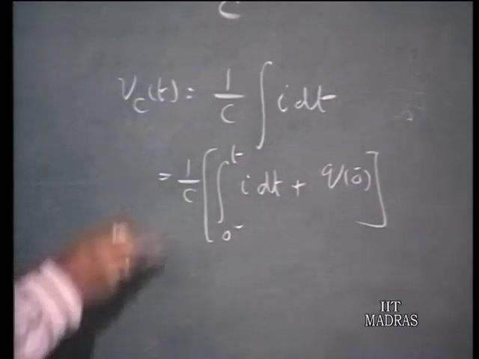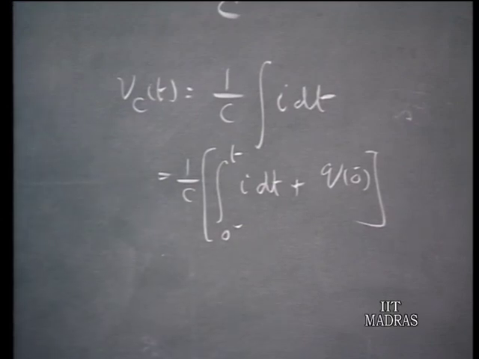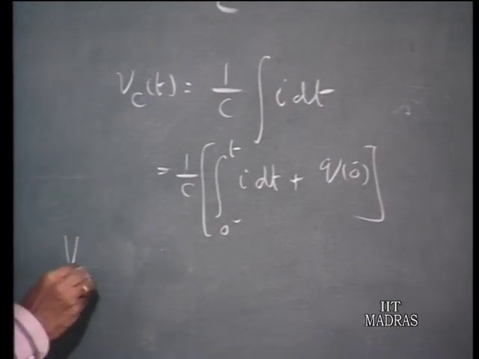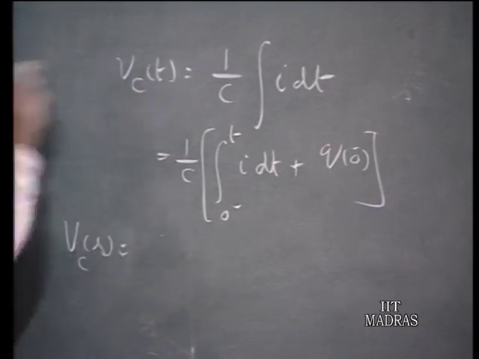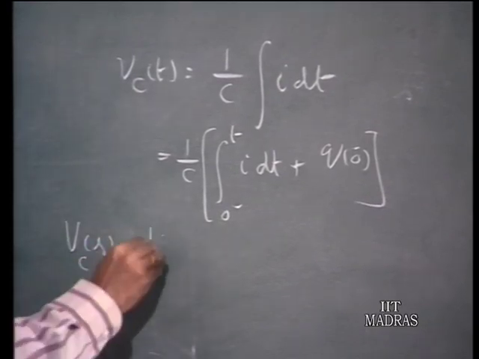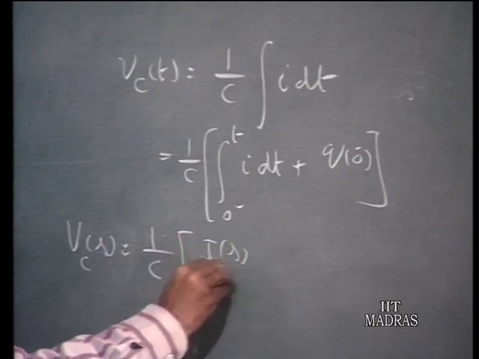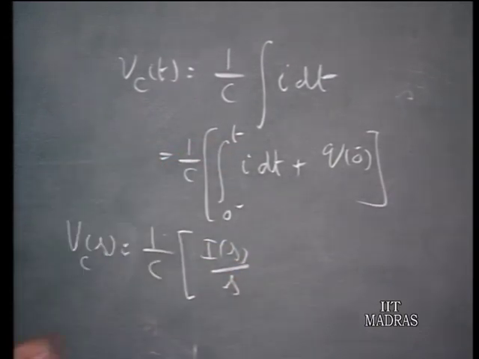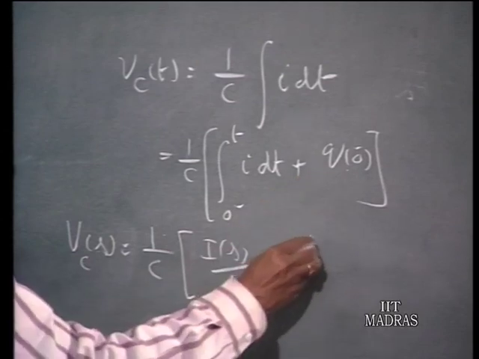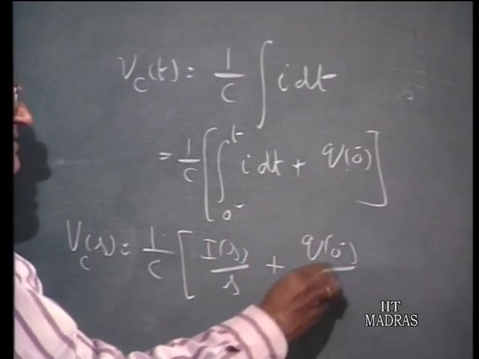So, if I take the Laplace transform of the various quantities, I have V_C(s), the Laplace transform of the capacitor voltage, is 1 over C times I(s) over s plus a constant, Q0 minus over s.